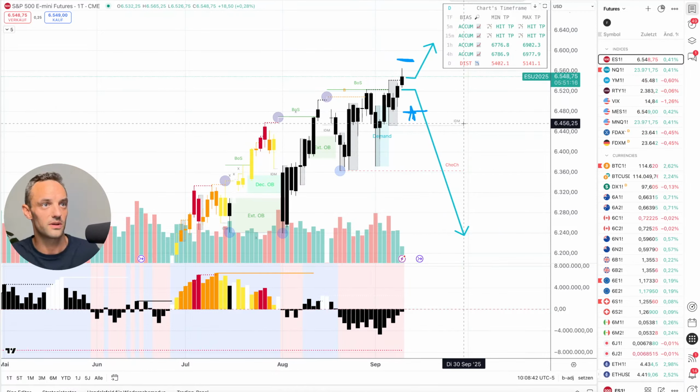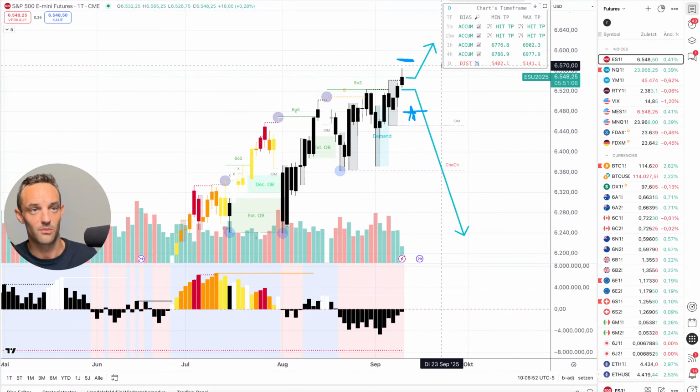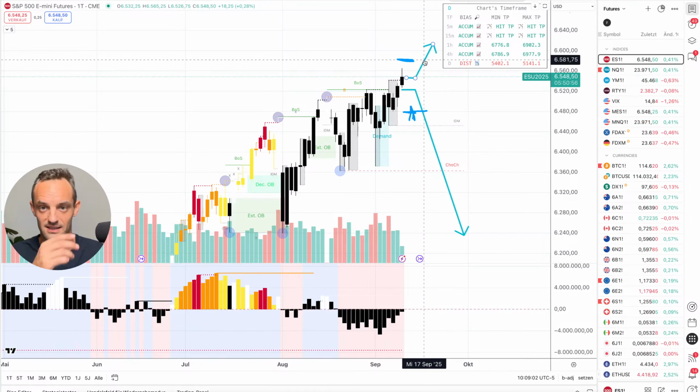Please write it in the chat window. So we have two viewers who think this is a valid breakout, and we have 3, which is 4 now, who think this is a liquidity trap.